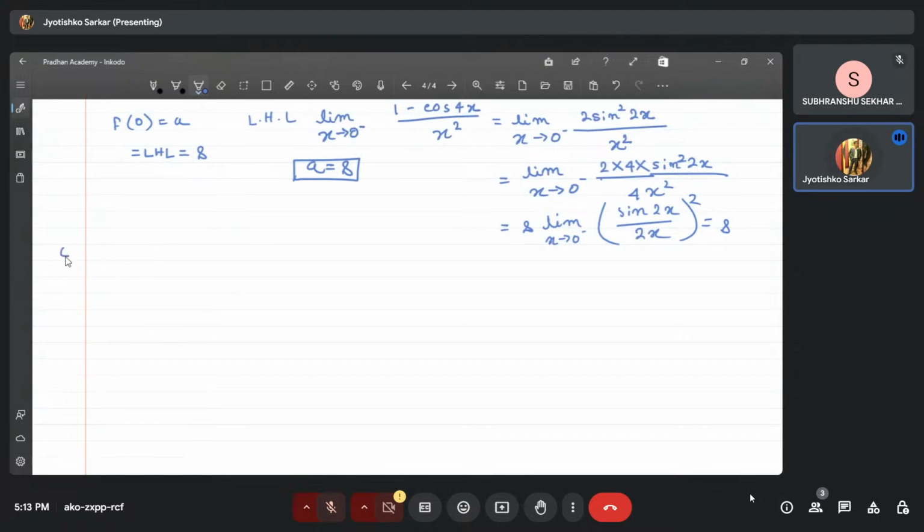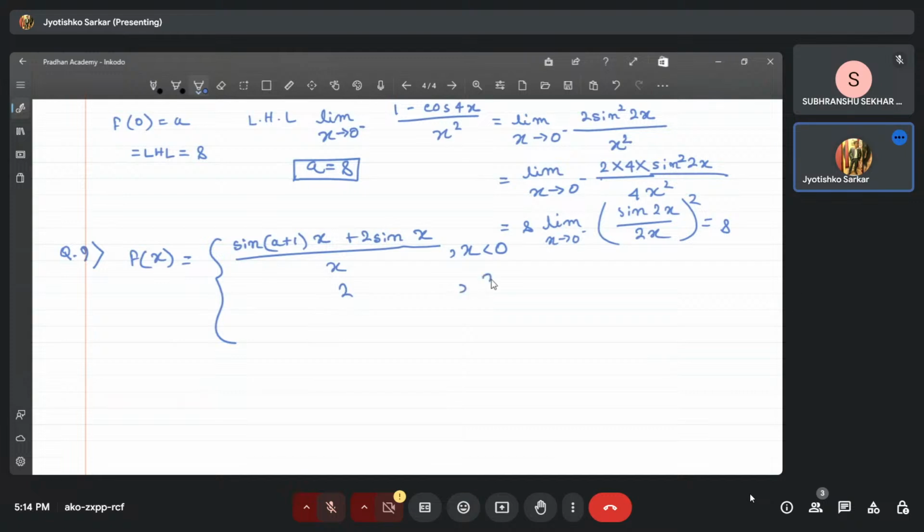Now we are moving forward to question number 9. Here the function is defined as: sine of (a plus 1)x plus 2 sine x divided by x, for x less than 0; 2, for x equals 0; and root over 1 plus bx minus 1 divided by x, for x greater than 0, is continuous at x equals 0.